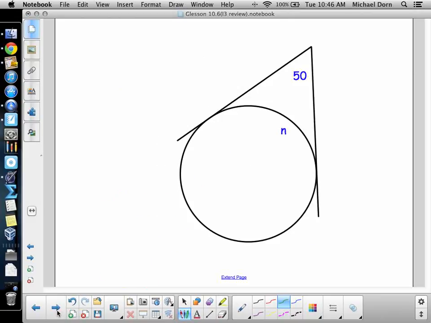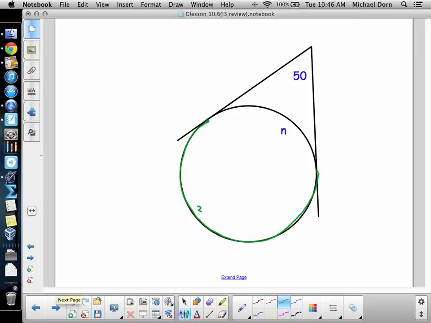A little bit more difficult one. I'm only given one arc. I don't know the other arc. But I know the two arcs together because their two tangents have to add up to what? 360.